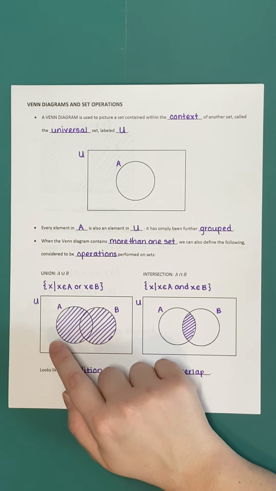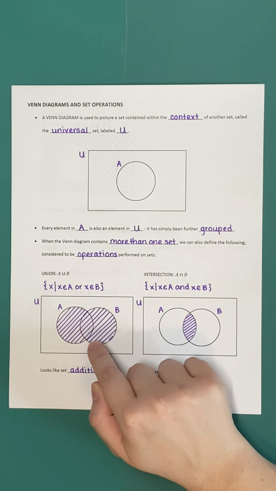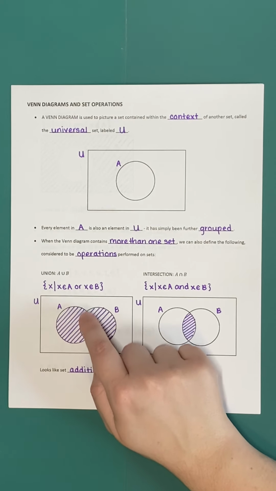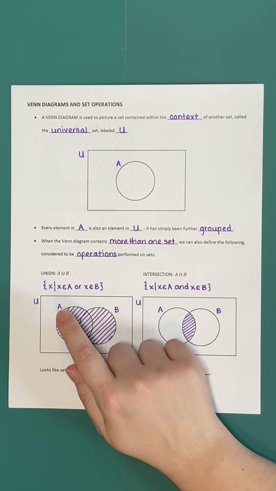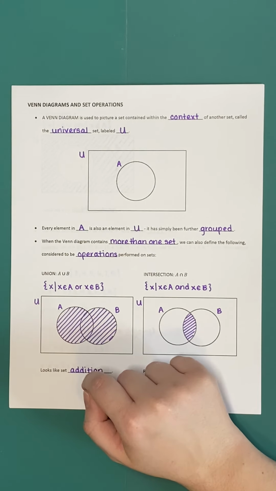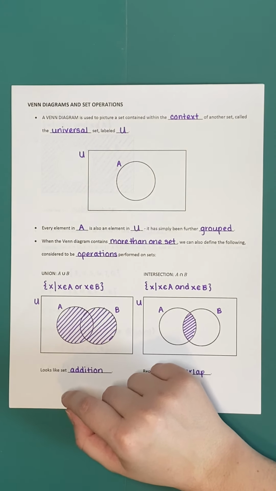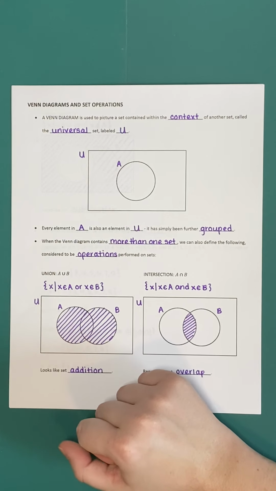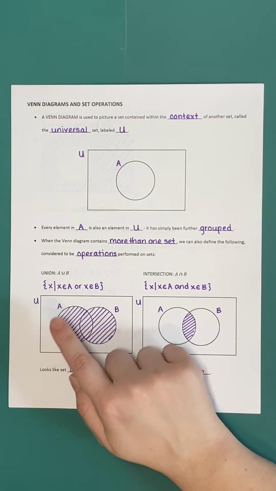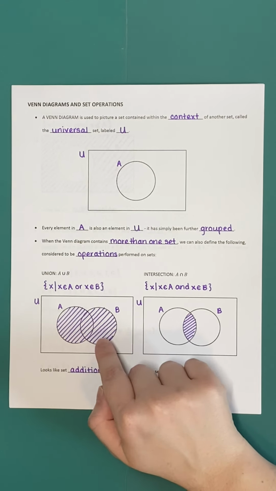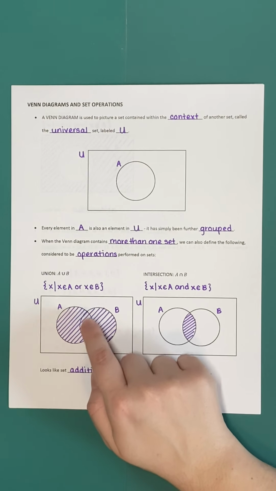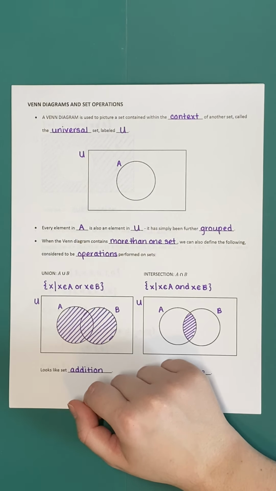A is the first circle, B is the second circle, and we've overlapped them to indicate that it's possible that A and B have some elements in common. Maybe if we're talking about majors, we're looking at business majors and science majors. Maybe someone's majoring in business and in a science field at the same time. Those people would be located in the overlap.